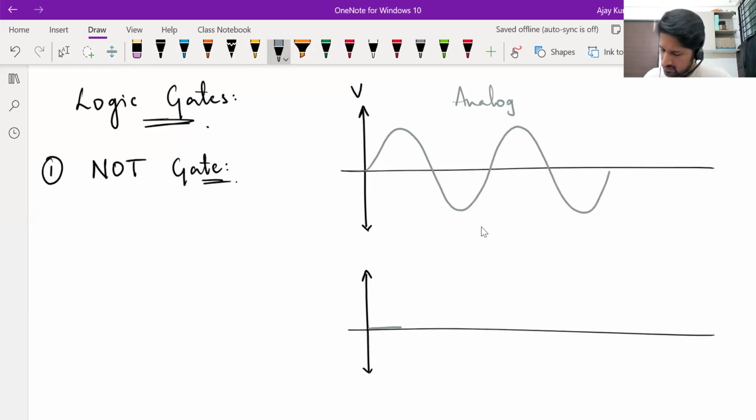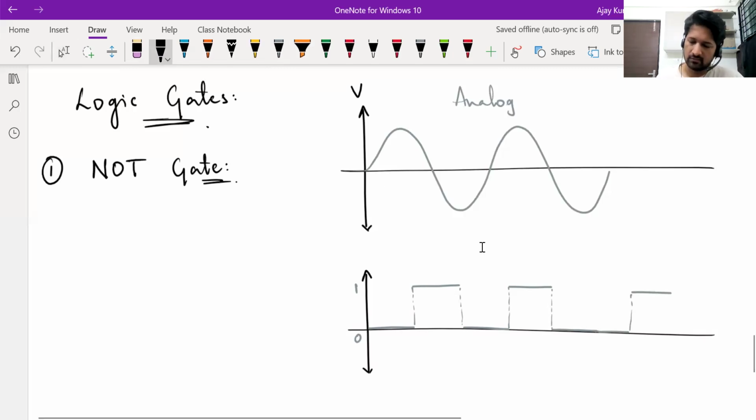Low voltage indicates 0. High voltage indicates 1. How high is high and how low is low? Usually 5 volt and above is considered as high. Less than that is considered low. So when there is a voltage of 5 or above, you get a high voltage signal which is 1. And when the voltage is less than that, you get a signal 0. So this is what digital signals look like. There will be a combination of zeros and ones.